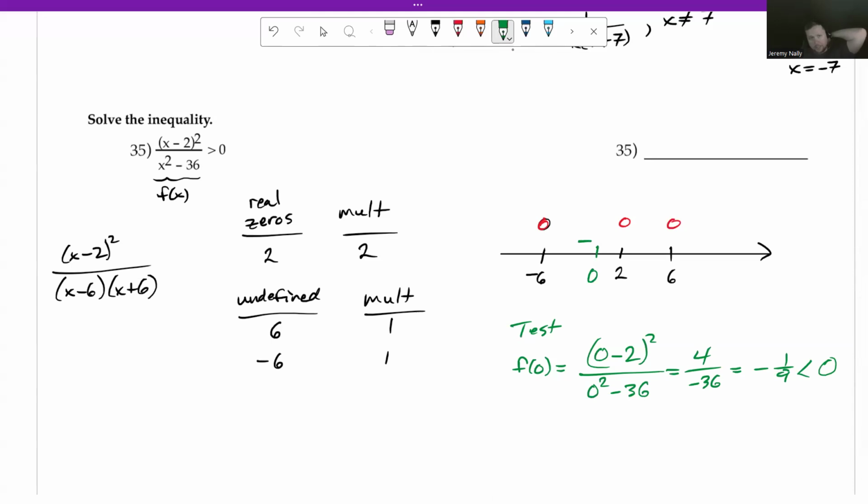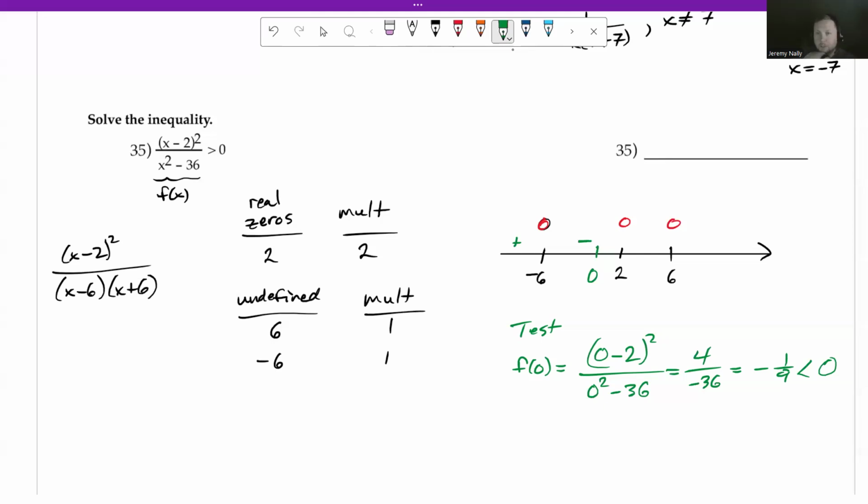Okay. Since where it's undefined, each one of those has a multiplicity of 1. So if we go to this negative 6, it's supposed to have an opposite infinity. So since this entire region from negative 6 to 2 is negative, then that means the opposite infinity is going to be plus.